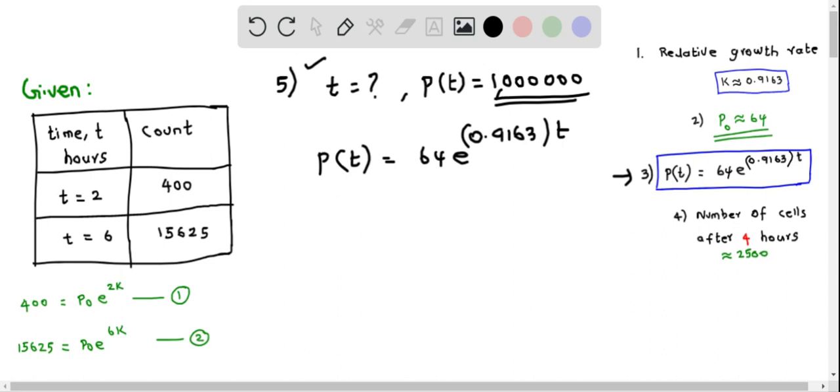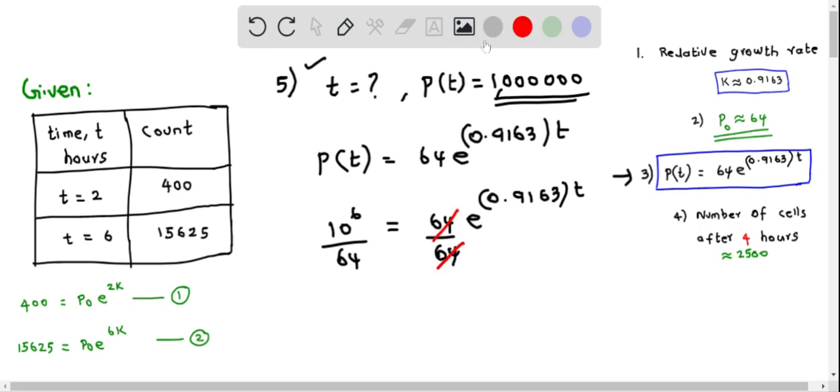Here we replace P of t by 1 million, which we can represent simply as 10 power 6, and this equals 64 times e raised to the power of 0.9163 times t. First, I'm going to divide by 64. This 64 will get cancelled over here. So in the next step, we have 10 power 6 by 64 on the left side, and on the right side we have e raised to the power of 0.9163 times t.